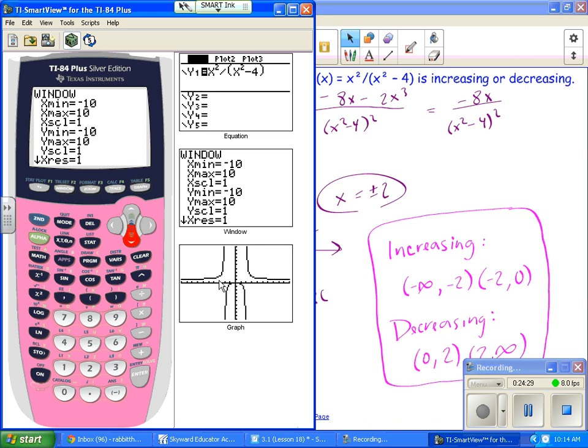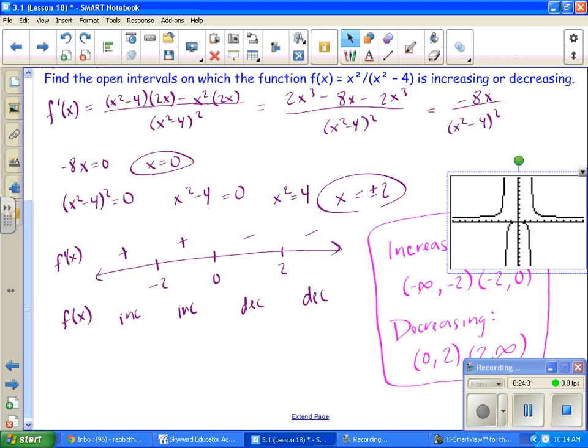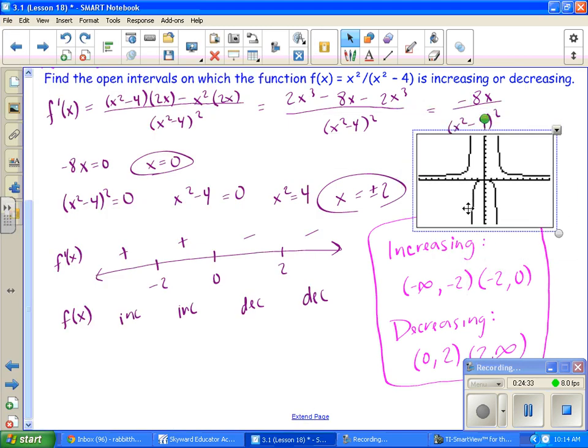Okay, so looking at this graph here, we just want to make sure our answers make sense. So again, this is the original. This tells us something about the original, right? So is it increasing from negative infinity to negative 2? Yeah. Is it increasing from negative 2 to 0? Yeah. Does everyone see that?